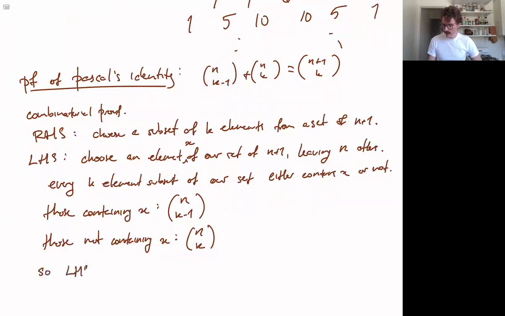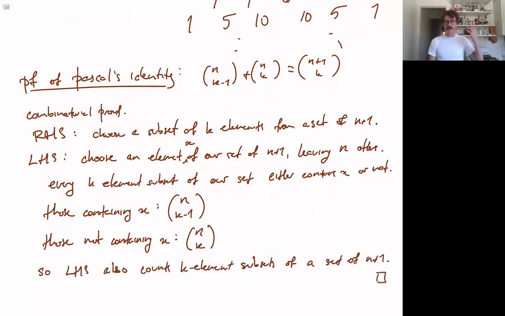So the left-hand side, we have found, also counts k element subsets of a set of n plus 1 elements. And since these two sides are counting the same objects, that shows that they are equal, which completes the proof.